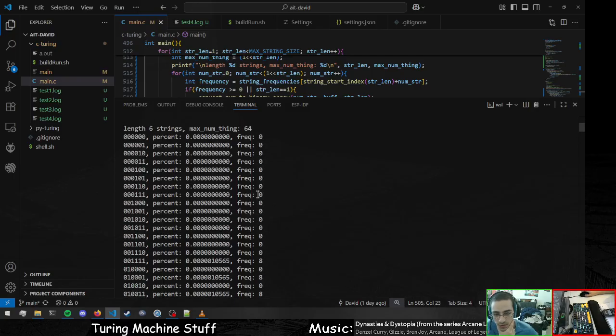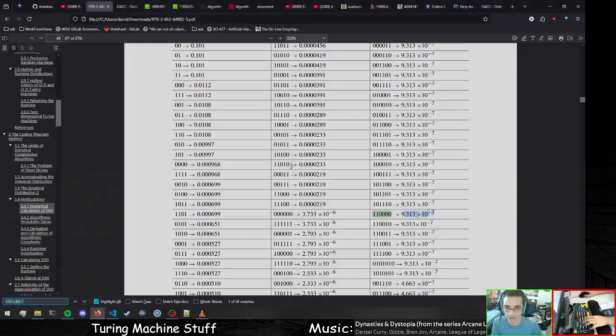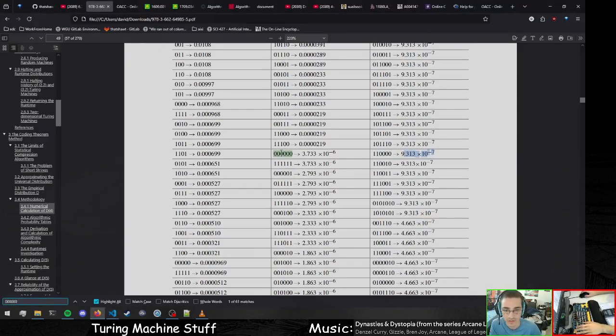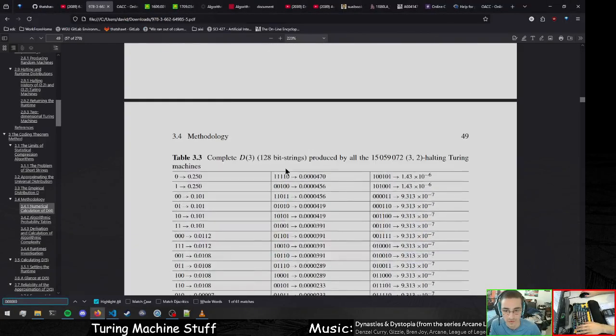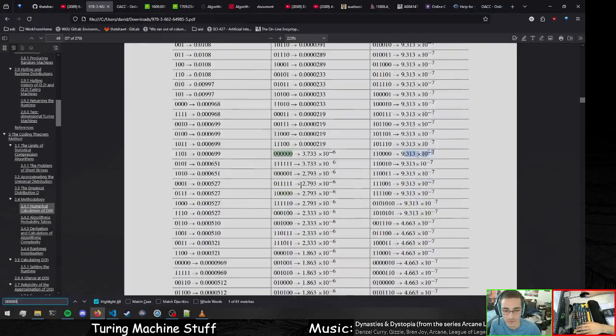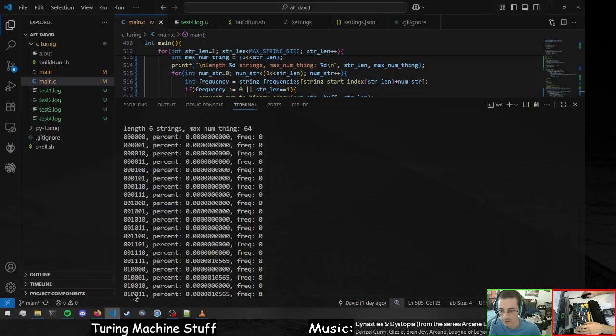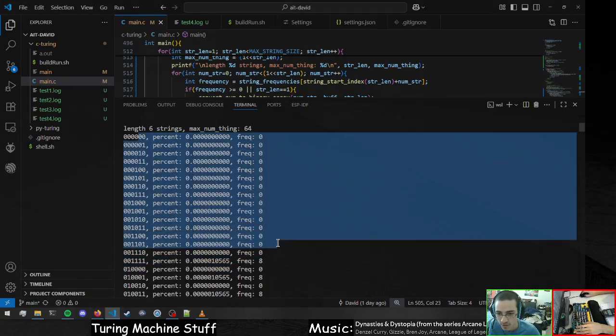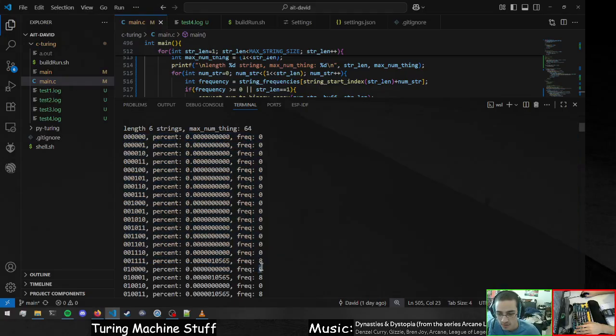Yeah, there's a bunch here that we didn't get. We definitely messed up. So this string definitely appears. We have all these strings that are not appearing in the thing.